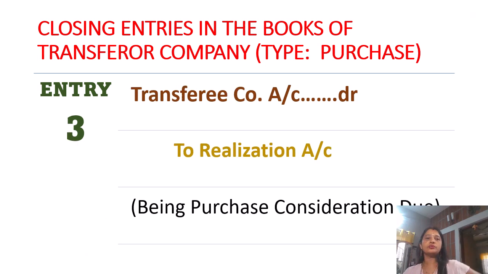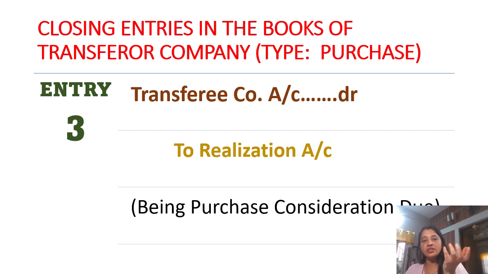Now the third one is for purchase consideration due. The purchase consideration is due from the transferee company. They have not yet paid, but they will pay it for the purpose of realization. Realization account is a nominal account, and the purchase consideration is an income to us.